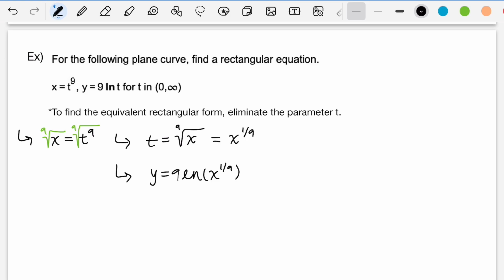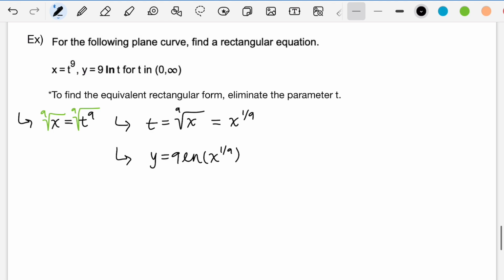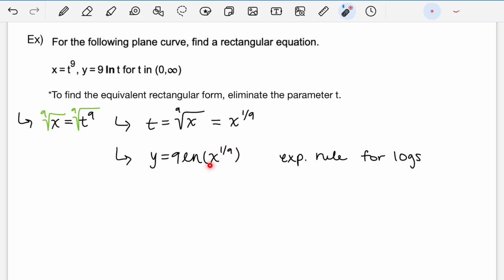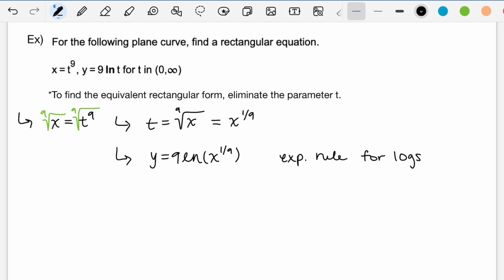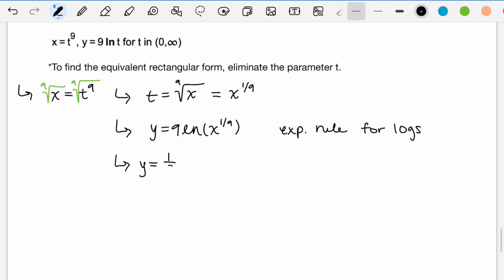Now we can simplify this a little bit more using our exponent rule for logs. That rule says that if we have log of something to some power, this power can come down in front as the coefficient of our log function. So this is equal to 1 over 9 times 9 ln of x. So that exponent goes away.